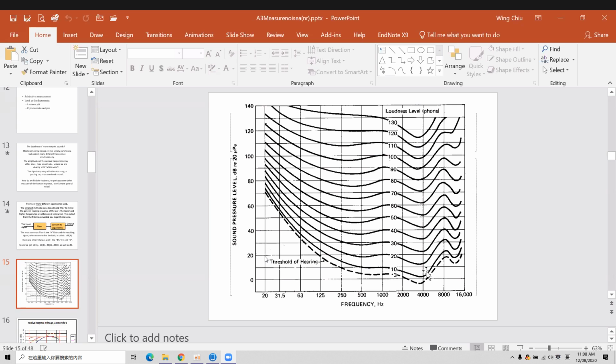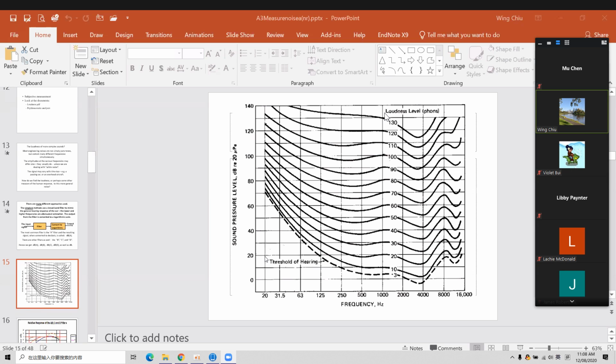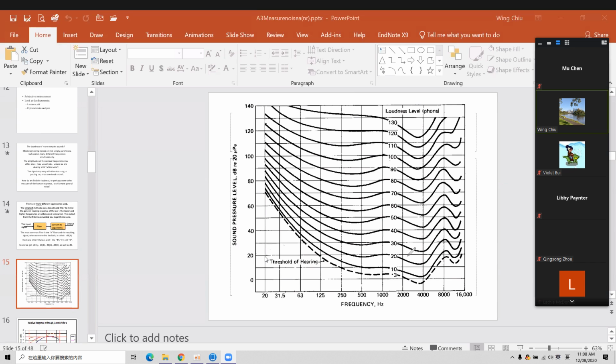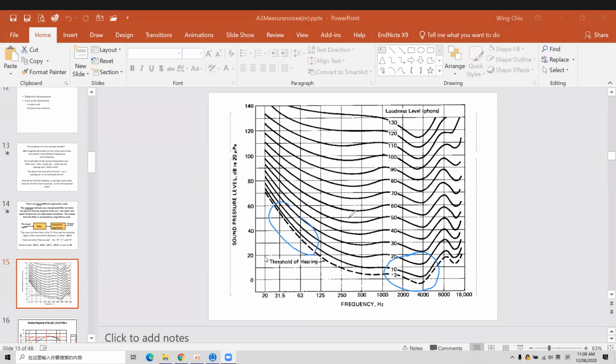Given that this is how our ears respond to noise, our human ears are a lot more sensitive to these frequencies and a lot less sensitive at these other frequencies.